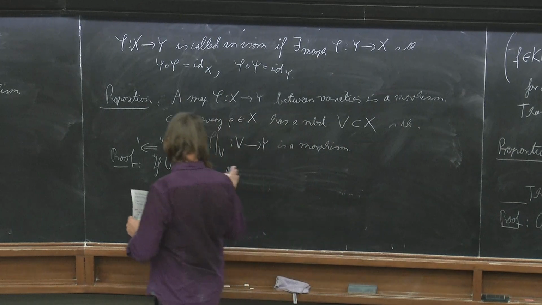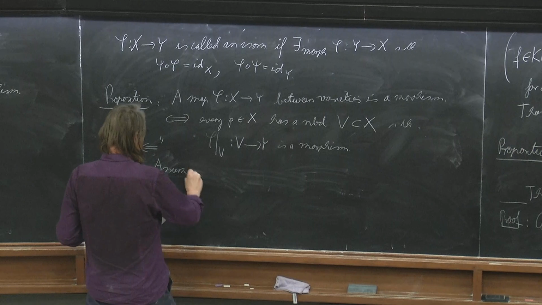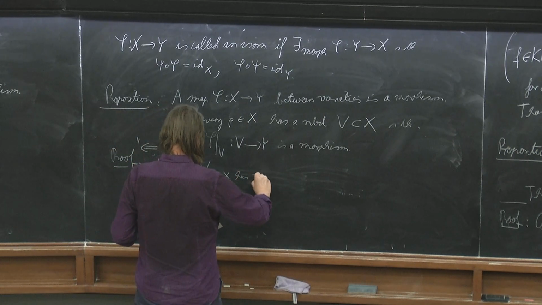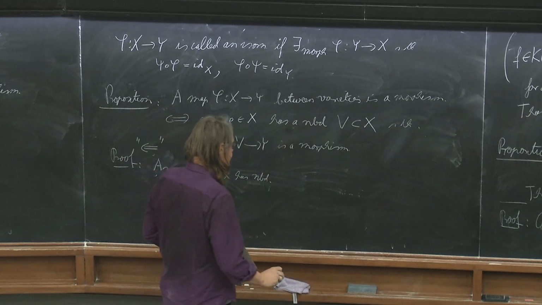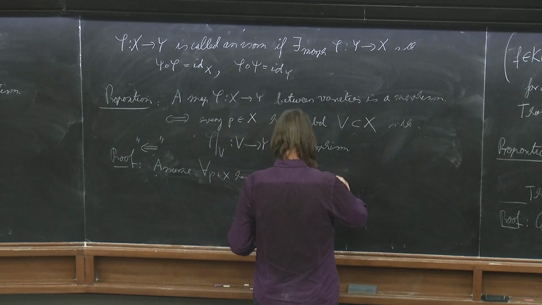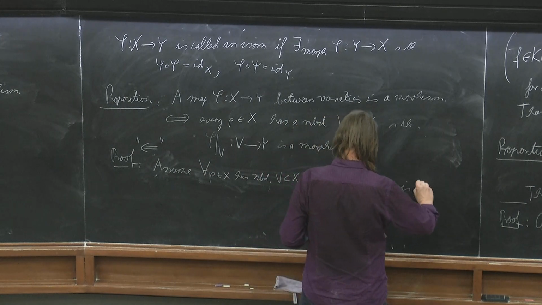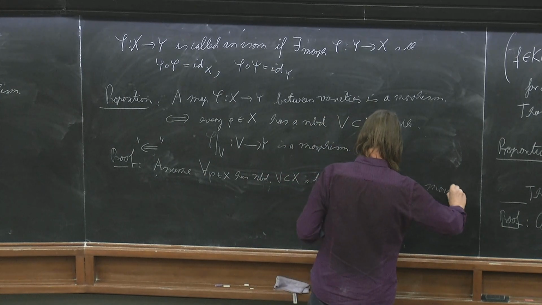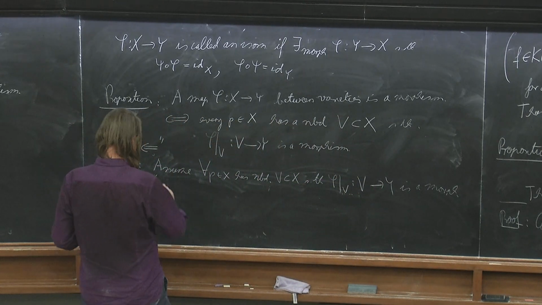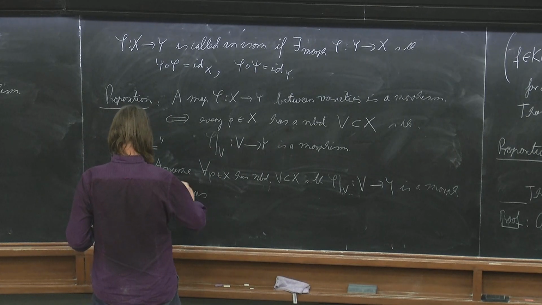So assume the statement: every P in X has a neighborhood V such that phi restricted to V is a morphism. We've seen then it follows that phi is continuous, because that's completely standard.